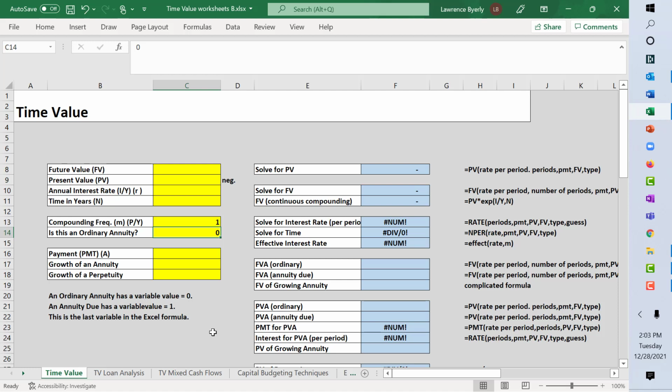This really isn't important for lump sum types of calculations. It is more for the payment calculations. We do have a cell to put in payments. Remember, you can receive payments, which would be positive, or you could make payments, which would be negative. The growth of an annuity and perpetuity allows us to incorporate some type of growth. Usually we're talking about adding inflation to a cash flow.